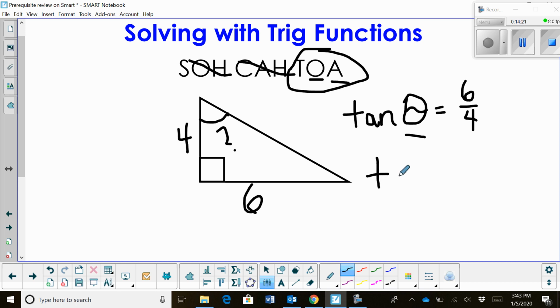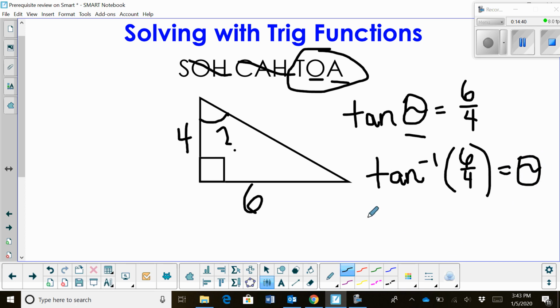So on your calculator, you're going to use your second function button and get the inverse of tangent, and then take the ratio 6/4, or you can even type in 3/2 because that's 6/4 reduced, and that will give you the angle theta. And there you go, and that's how you find angles using your trig functions.